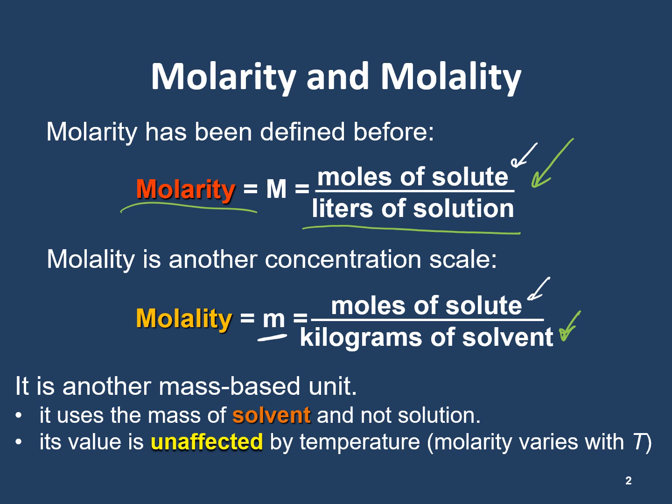Now, generally, water is our solvent, and its density doesn't really change very much over large temperature ranges. So we tend to ignore that change in molarity because it's very minimal. Molality, if we're doing an experiment where the temperature ranges over a couple hundred degrees Celsius, is probably the better concentration unit to use because it is unaffected by temperature change.